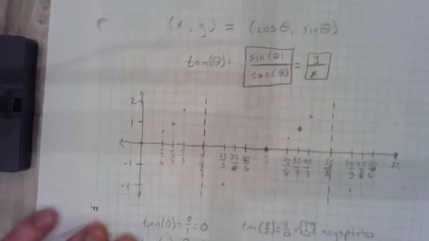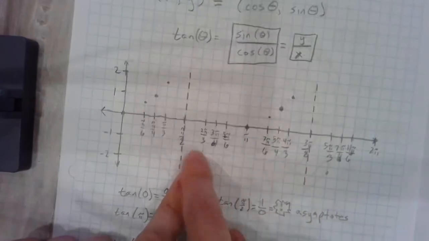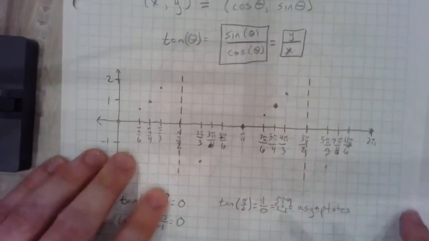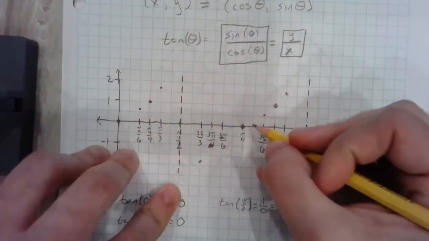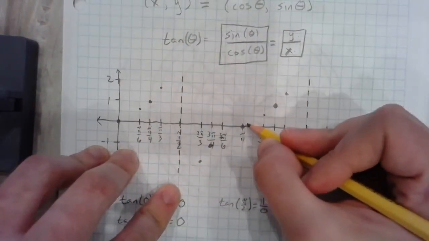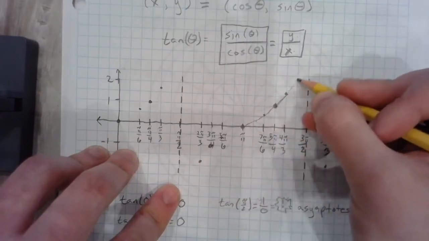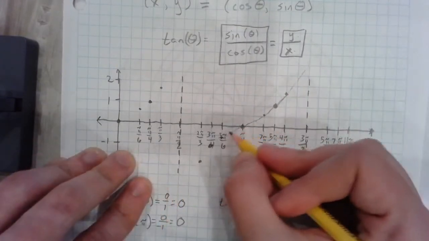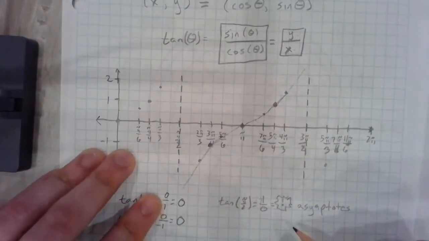So let's see what this mash of points ends up giving us. I'm actually going to start in the middle here. I think it's easiest to look at this chunk right here in between our two invisible asymptotes. So I'm going to start by sketching lightly because I think that's going to help us visualize what is going on here. Oh, well, look at that.